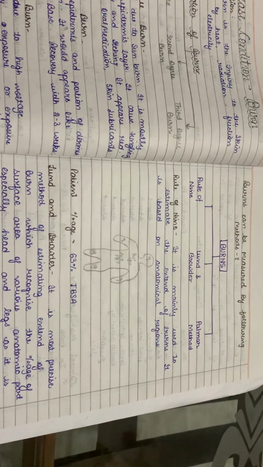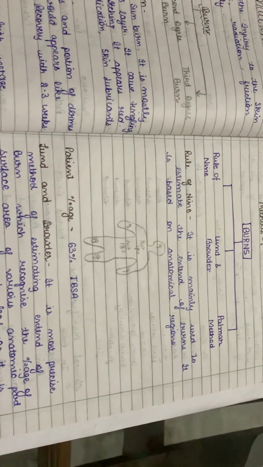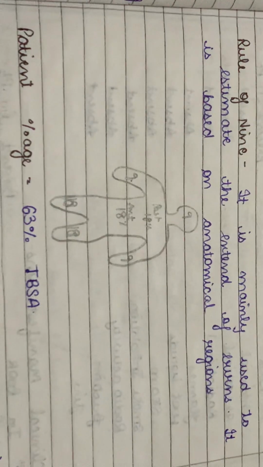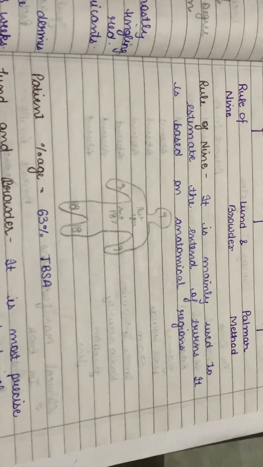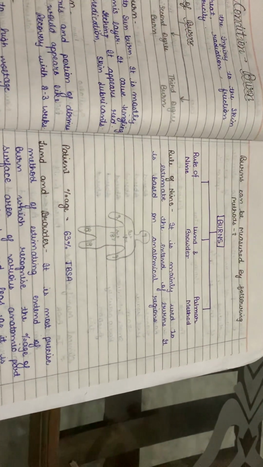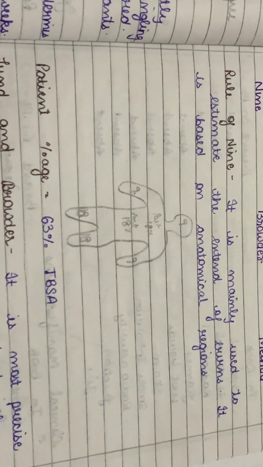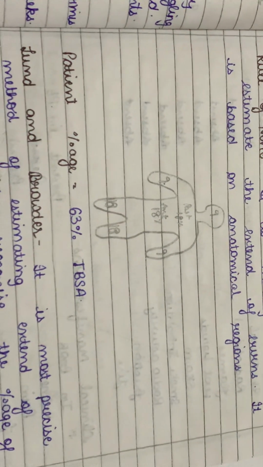So there are three methods, that is the rule of 9. Here we have to divide each and every body part of the individual and give it a percentage. That means for the arms we give 9% for each arm, anterior and posterior.